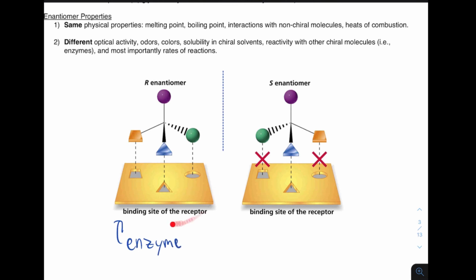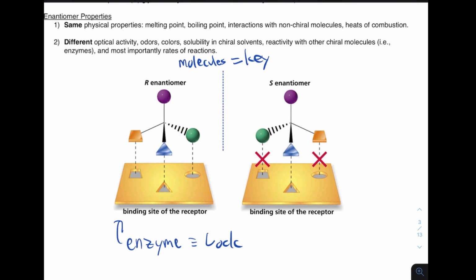But this enzyme has very specific shapes that the enantiomers need to put the groups into. So it's sort of like a lock and key situation. If the enzyme is the lock, the molecules here are the key. And so in this really simple example, the S enantiomer does not have the right keys to put in the lock, but the R enantiomer does.